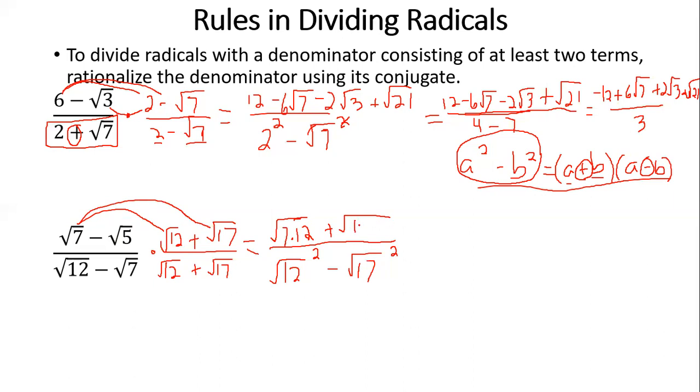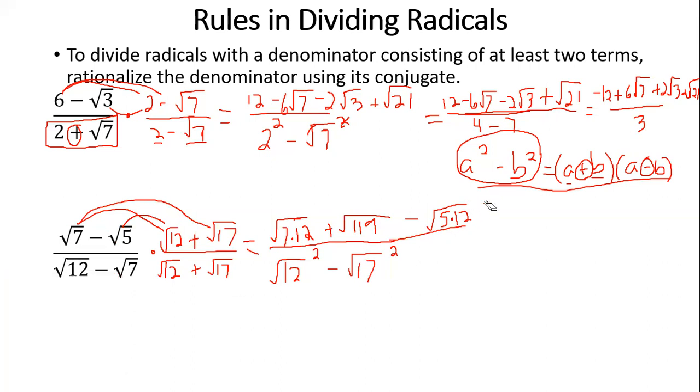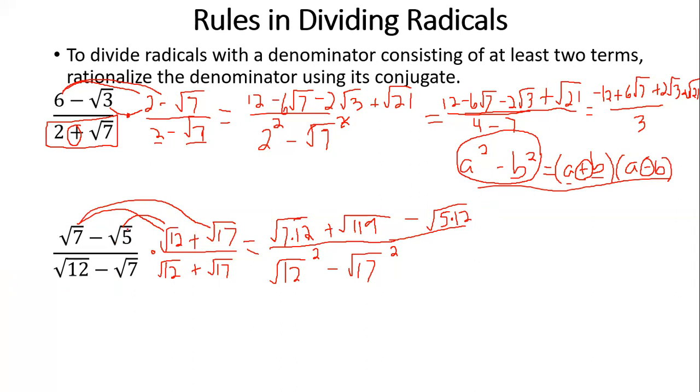That's 119. Minus, bakit minus? Kasi nandito na po tayo. Square root of 5 times 12. Oh, dapat wala na extension yun ah. Erase natin yun. Then we have the last one, 5 times 17. So negative square root of 5 times 17, that's 50 plus 35, 85.